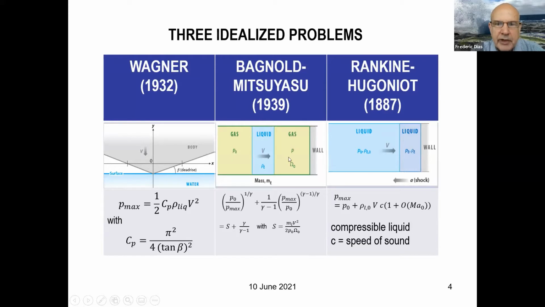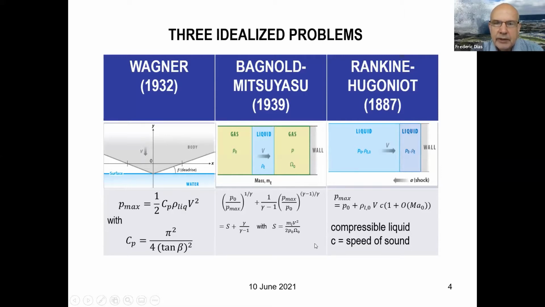Because there is the gas here, we have to use the compressibility of the gas. So gamma is this index, and this is the equation. Then there is this impact number, which is the mass of the liquid times the velocity squared of the liquid divided by twice the initial pressure P0 times the initial volume of the gas pocket here.